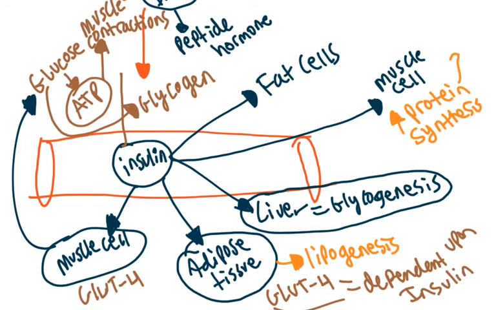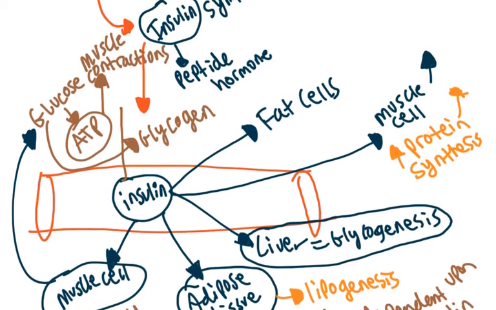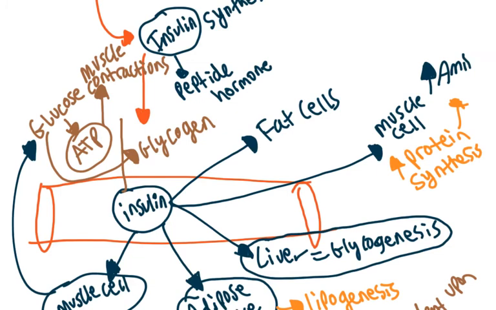It's going to cause a higher level of amino acids to come into your muscle cells so that you can use those amino acids to make proteins like actin and myosin, right, to increase your sarcomere length and increase the thickness of your myofibrils. So amino acids.